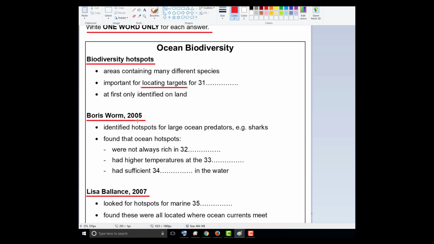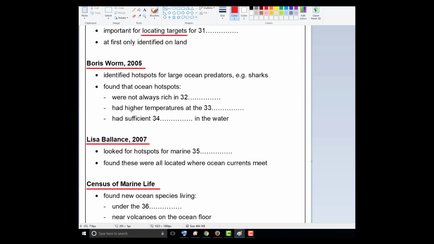Okay, if we look at the questions concerning Boris Worm, question number 32, found that ocean hotspots were not always rich in something. Well, rich here, of course, means to contain a lot of something. For question number 33, here we have the preposition at the something.